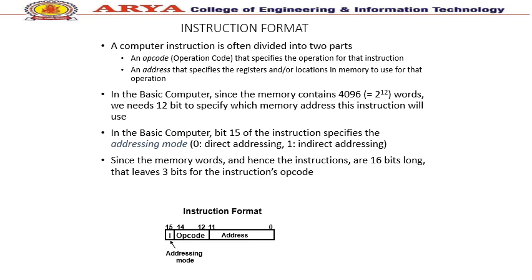In the basic computer, bit 15 of the instruction specifies the address mode. Since the memory words and hence the instructions are 16 bits long, that leaves 3 bits for the instruction's opcode. This is the instruction format diagram, and there are 16 bits. There are 3 parameters: instruction mode, opcode and address.